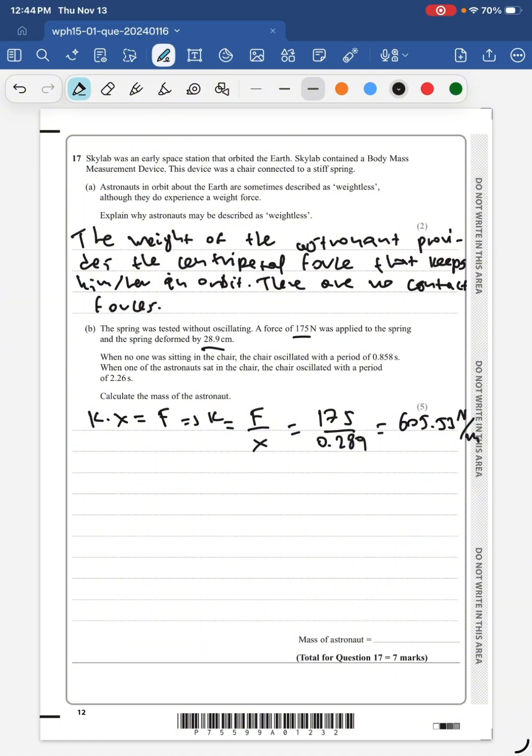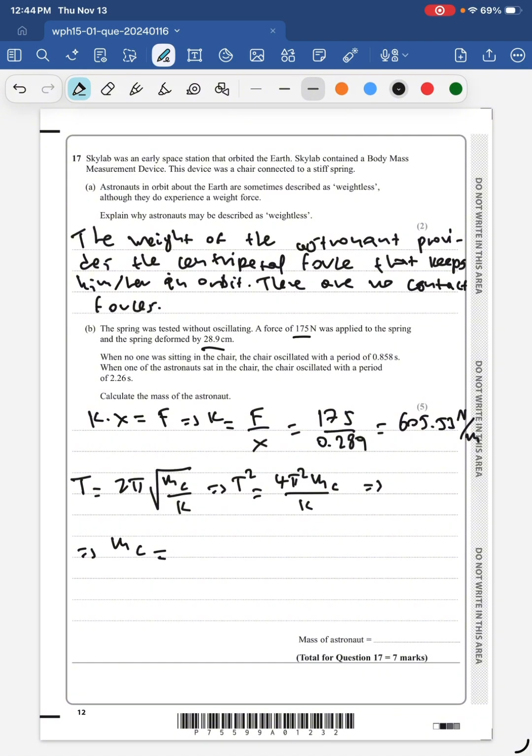Okay, so since this is a spring, we can just use T equal to 2 pi square root of mc, the mass of the chair, over K. So T squared is 4 pi squared mc over K. So we can use this to calculate the mass of the chair, okay?